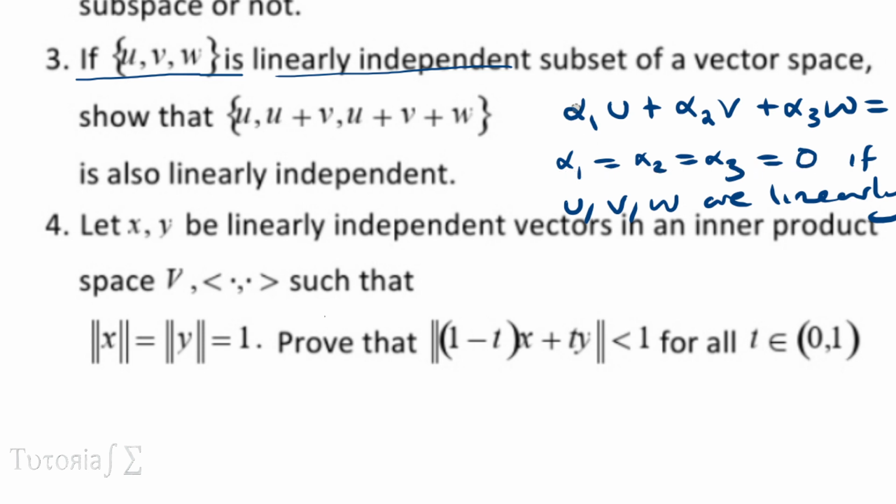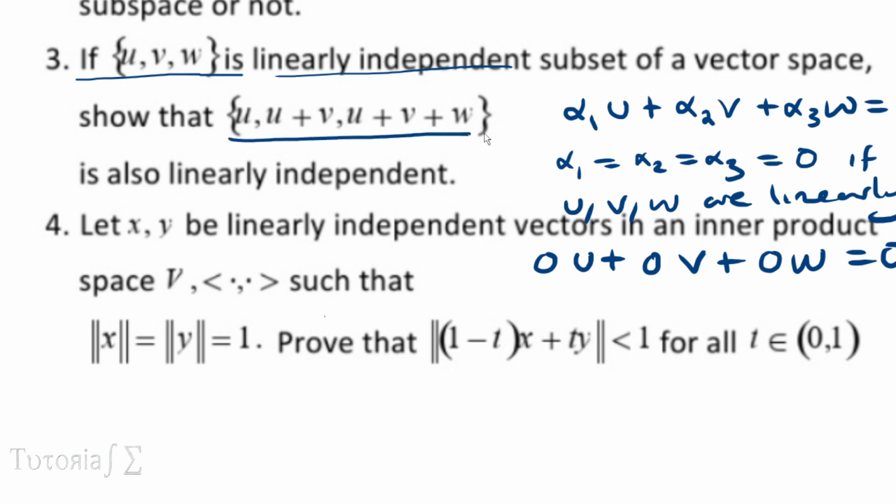In other words, we can even write this as 0u plus 0v plus 0w equals 0. So since these vectors are linearly independent, now we've been asked to show that this set will also be linearly independent.